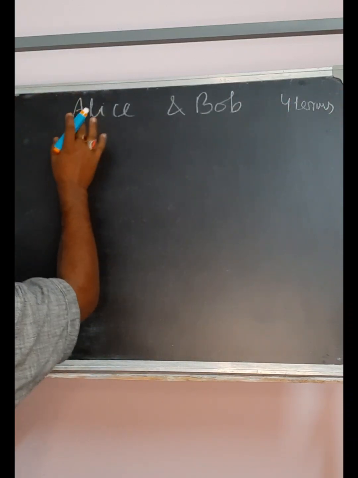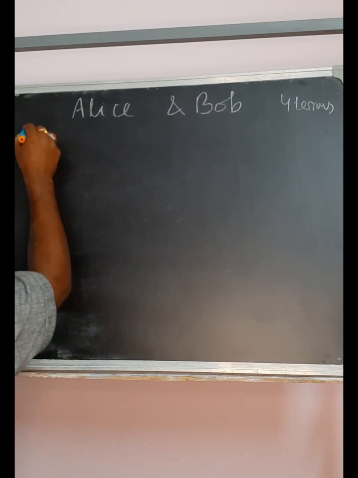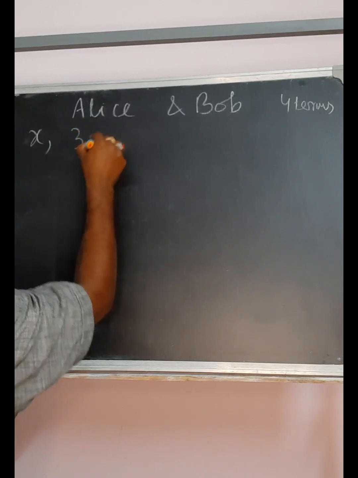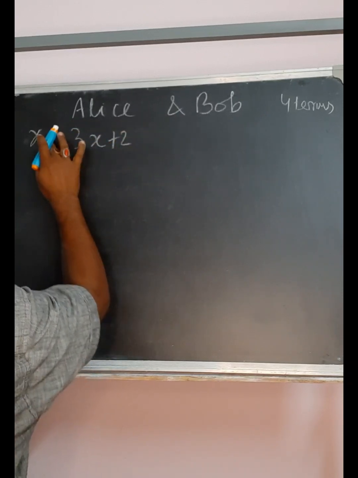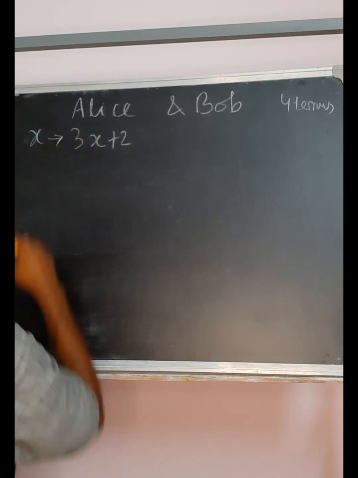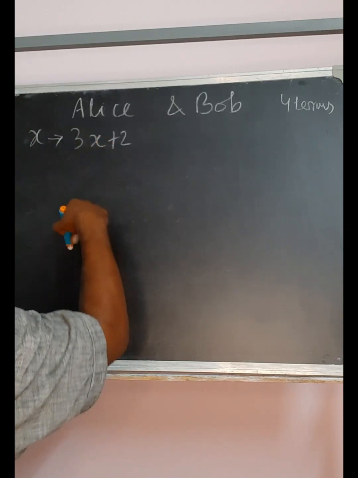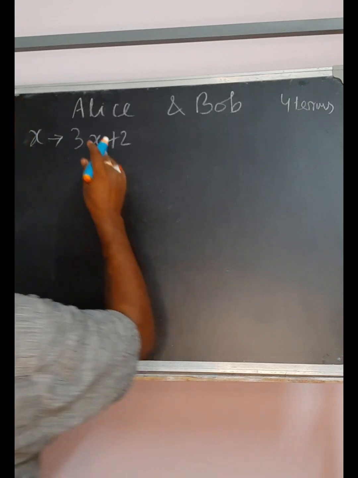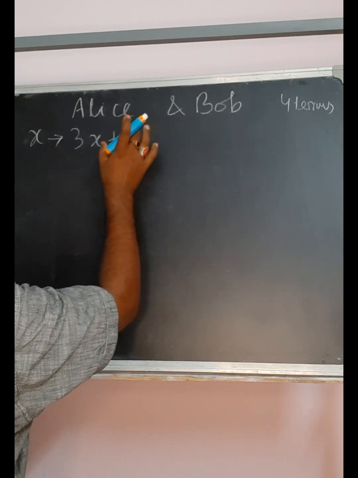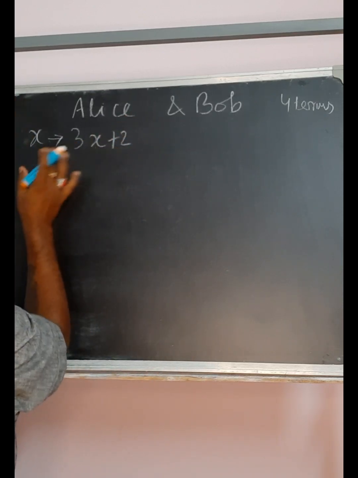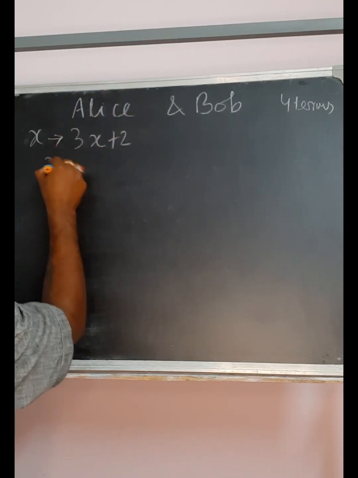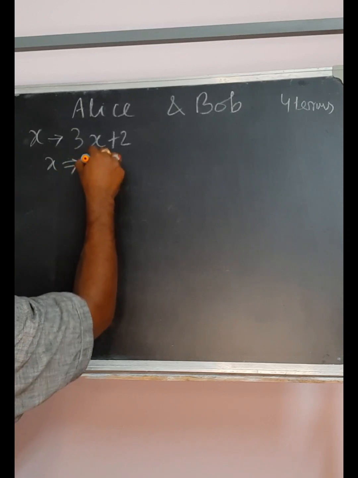What Alice is doing is reading x and replacing it with 3x plus 2. She is doing this 4 times, and she is seeing x as m.